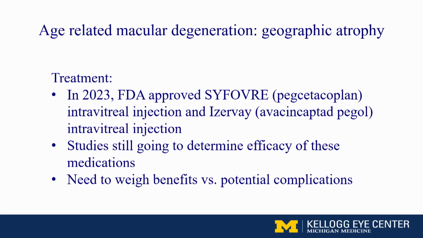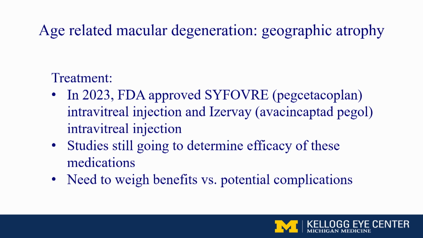This is something that I did want to bring up for geographic atrophy or end stage. In 2023, they did FDA approve Syfovre as well as another medication, Izervay. I don't use these medications myself. But for the right patient, it can be helpful.